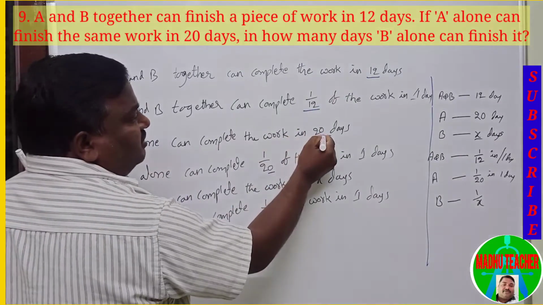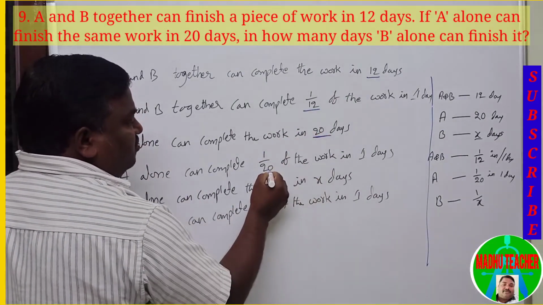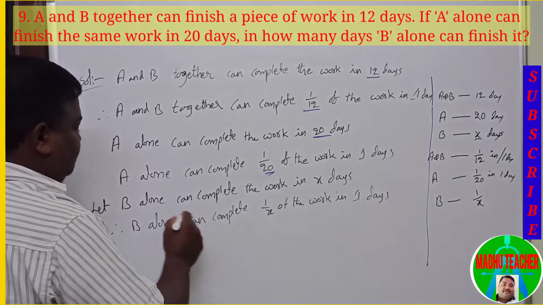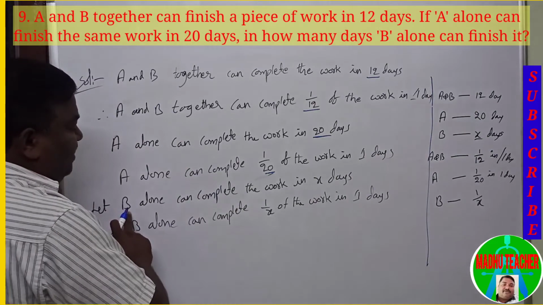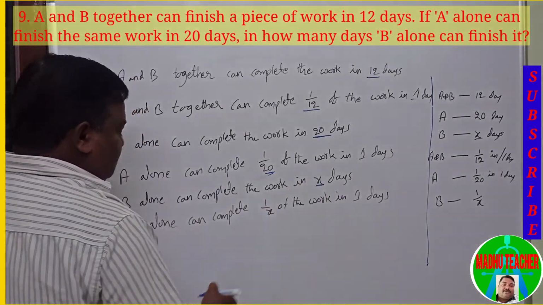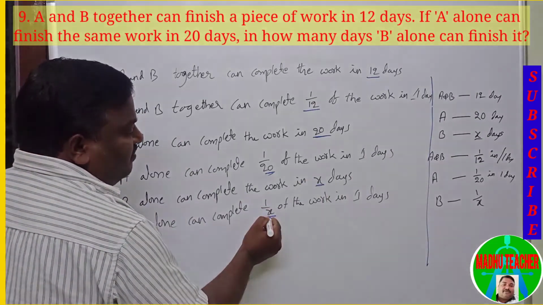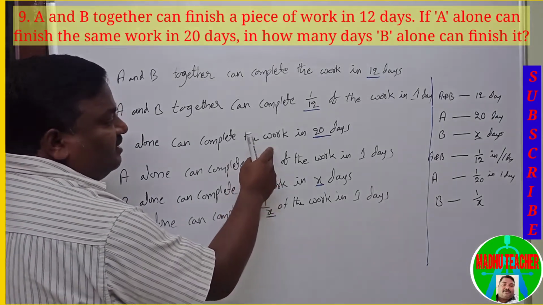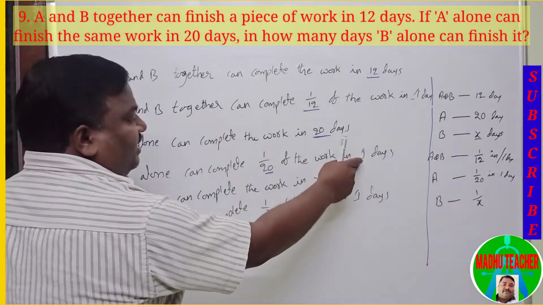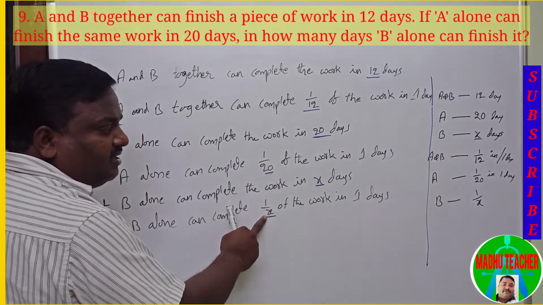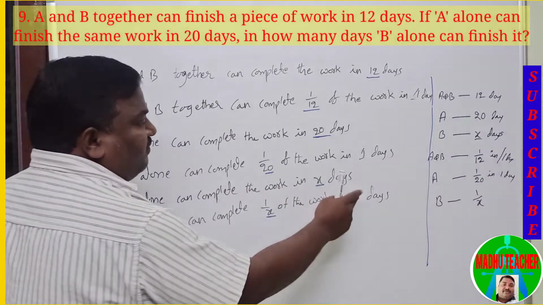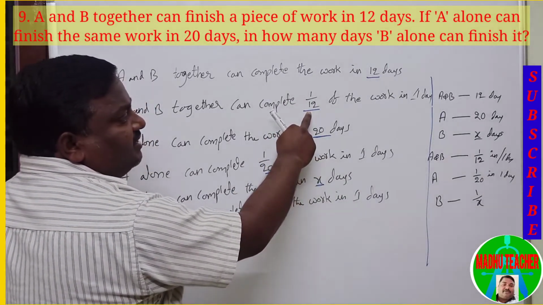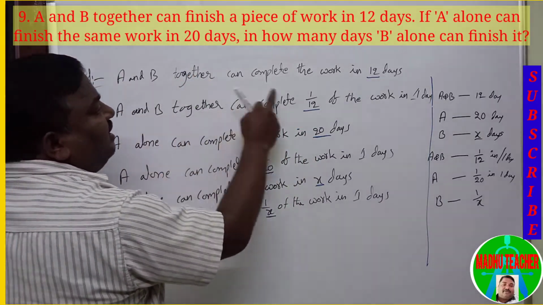A can complete the work in 20 days, so he completes 1/20 of the work in 1 day. Same, if B takes X days, B can complete 1/X of the work in 1 day. It is the work completed by A in 1 day, and the work completed by B in 1 day. So this is the work completed by A and B together in 1 day.